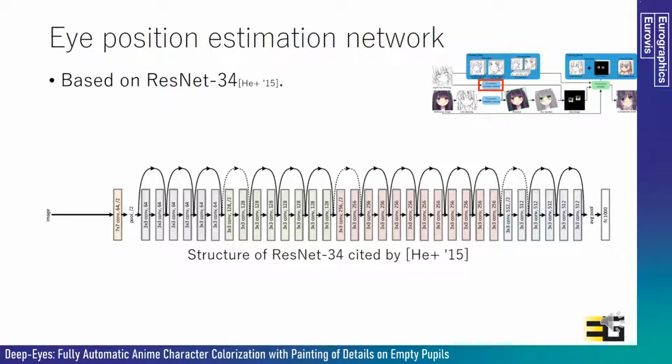The network structure is based on ResNet-34. The input layer has one channel to input the grayscale line drawing. The output layer has four channels to output the x and y coordinates of the right and left eyes.